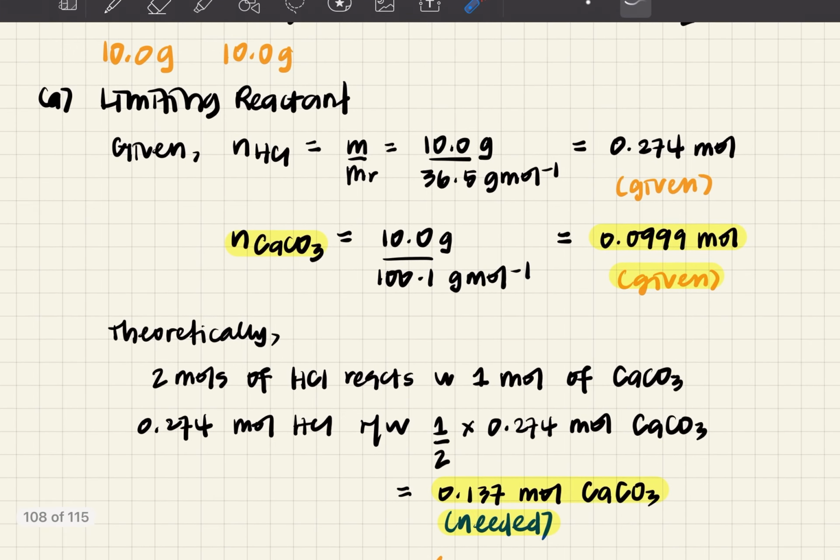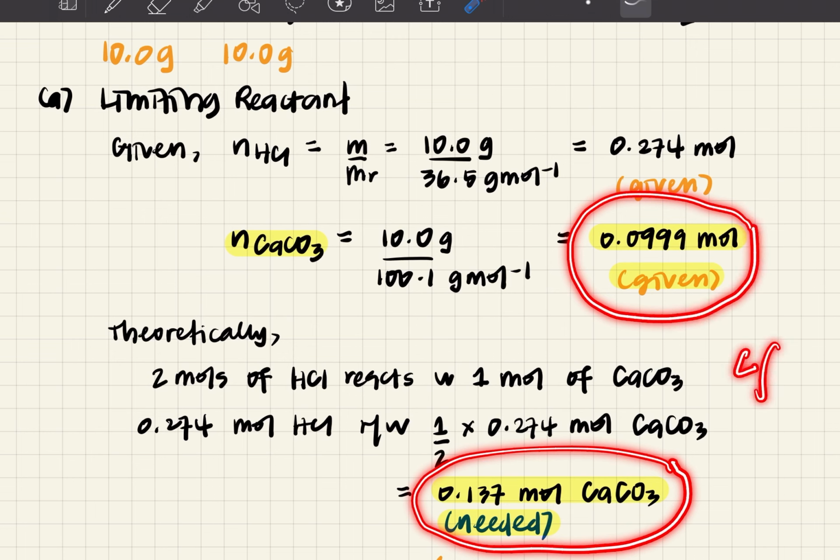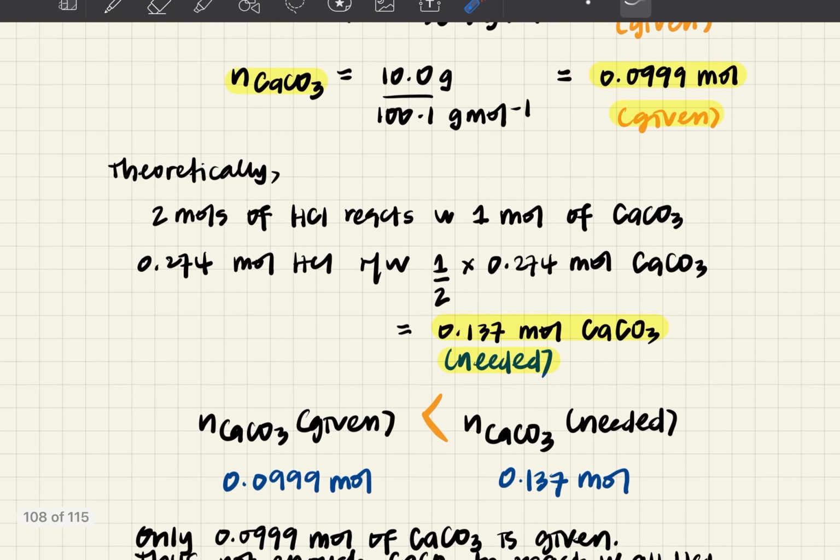Alright, so since we already have the moles of calcium carbonate needed and the moles of calcium carbonate that is given, we are going to compare these two. Compare. Alright, so kita tengoklah, kita bandingkan.